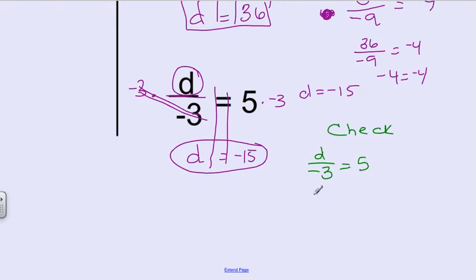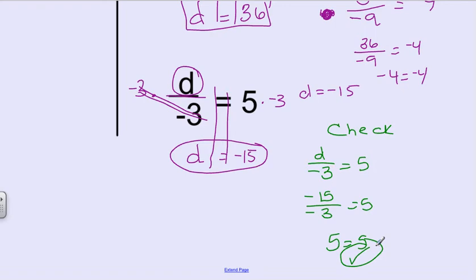I know my d is a negative 15, so negative 15 over negative 3 equals 5. Negative divided by negative is a positive. 15 divided by 3 is 5. And yes, 5 equals 5, so that checks out.